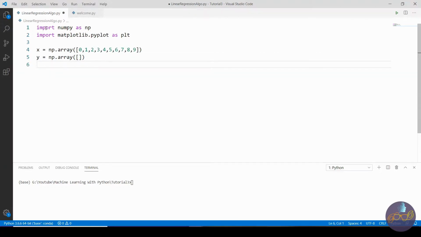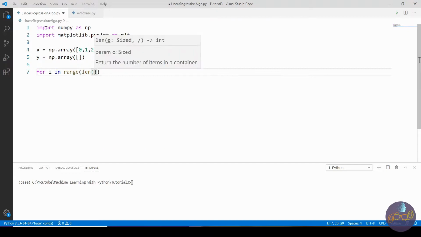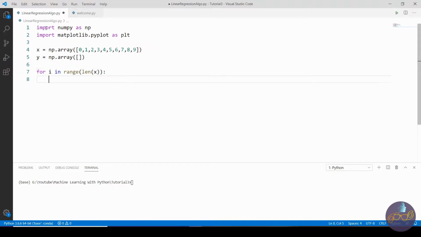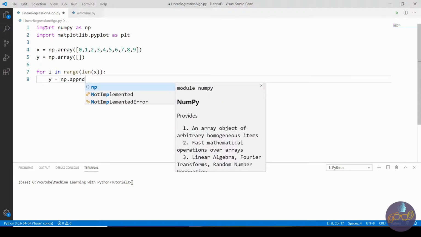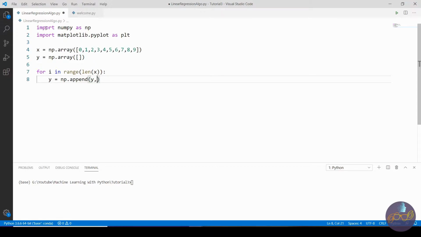Now let's say y is equal to x square. So write for i in range length x, which is 10 here, and append the x square in the y array. So write y, comma, xi into xi. Now simply print the y.